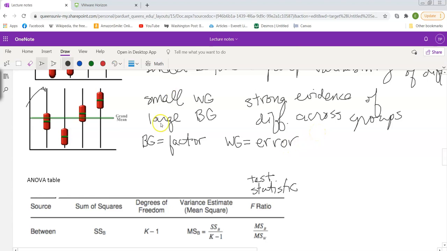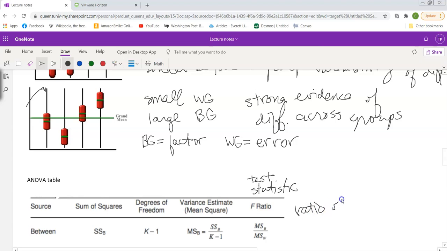So the test statistic is an estimate... let me say it this way. It's a ratio of the estimates, not an estimate of the ratios.